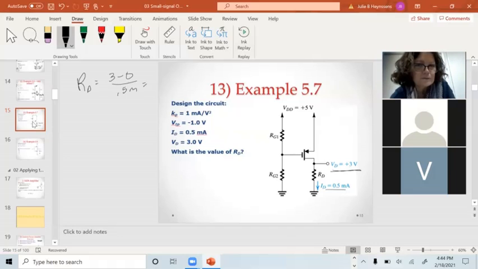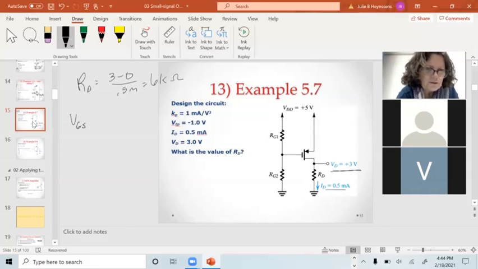That is 6 k ohms. Okay, we found the value of RD. Now, since we know ID, we can get VGS.